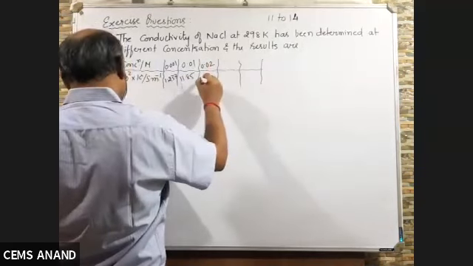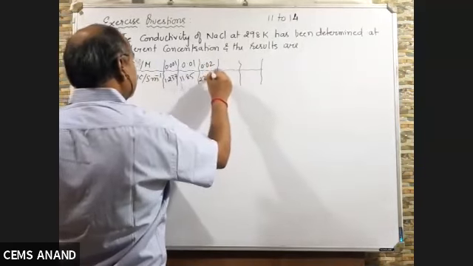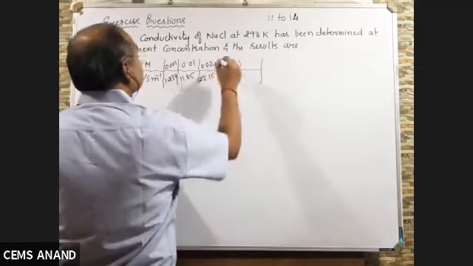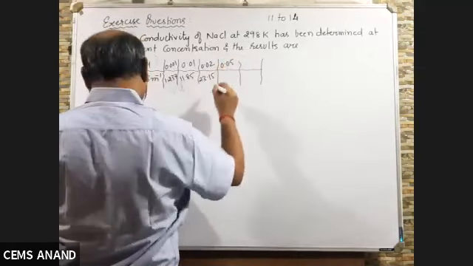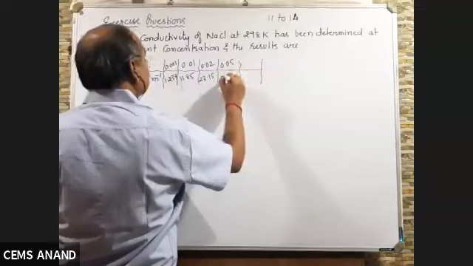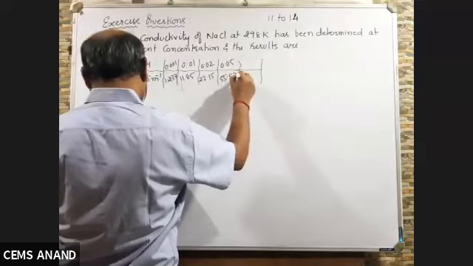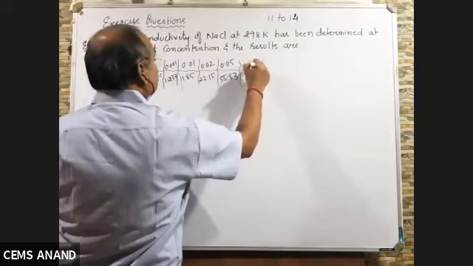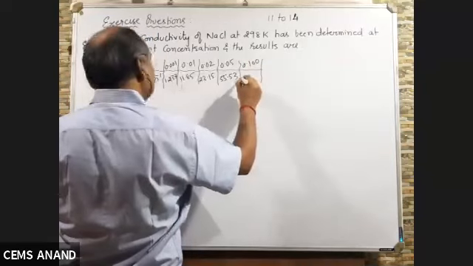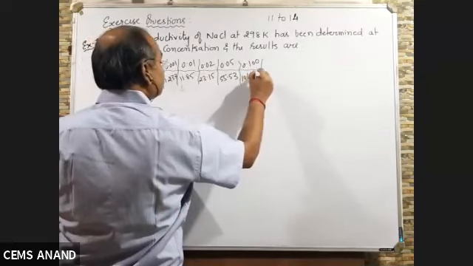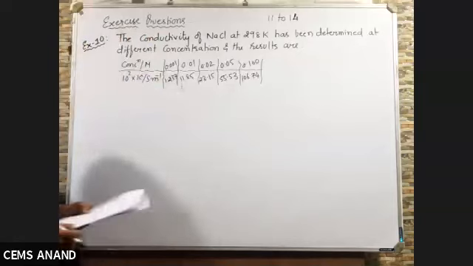Then 0.02, 23.15. Then 0.05, 55.53. And 0.100, 106.74. This is given to you.